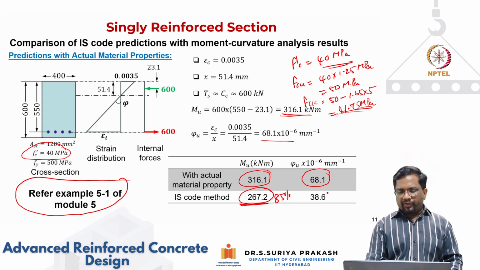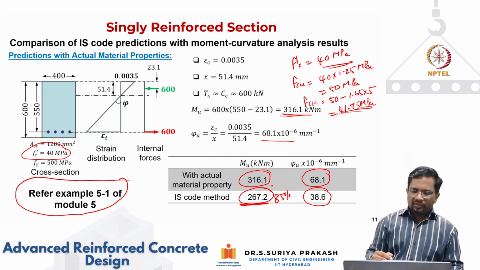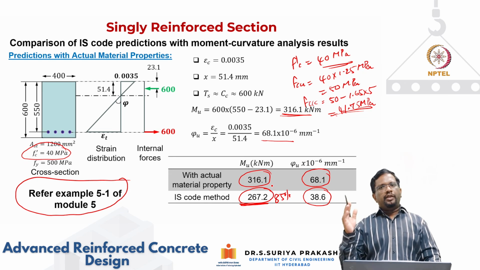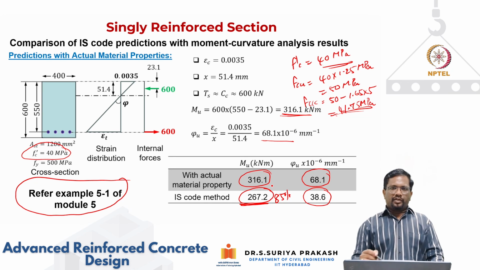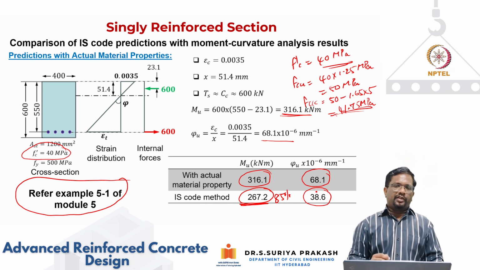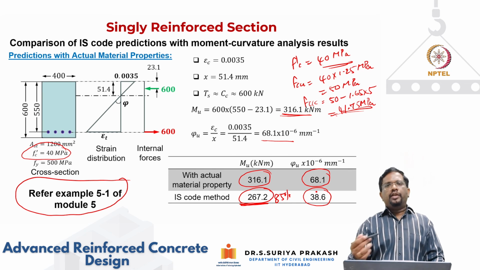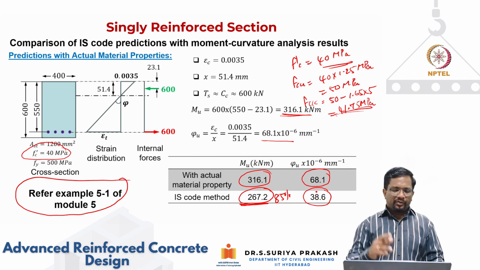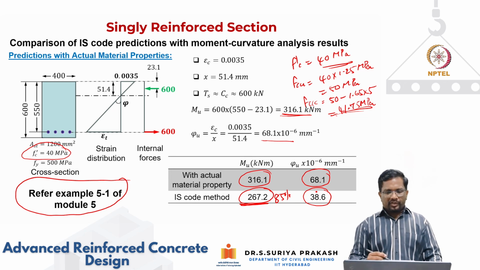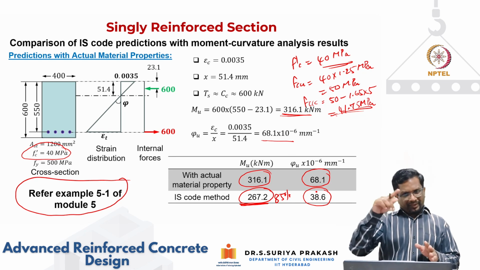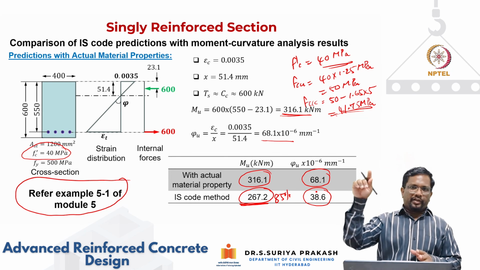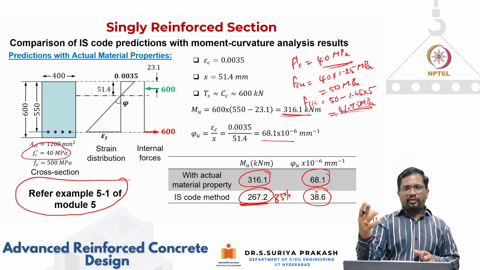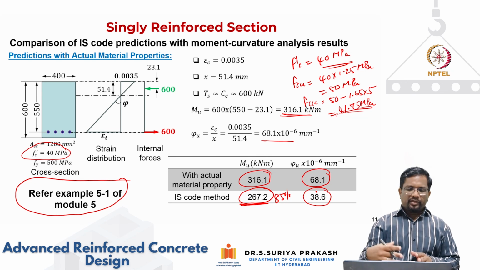However, if you look at your curvature at failure, the IS code method, as per the failure condition of the IS code provision, gives 38.6, which is again lesser than what you get when you are using your actual material properties. Again, in the actual material properties, for the stress strain curve for steel, we have taken a bilinear curve. You can plug in other forms also and calculate the variations.